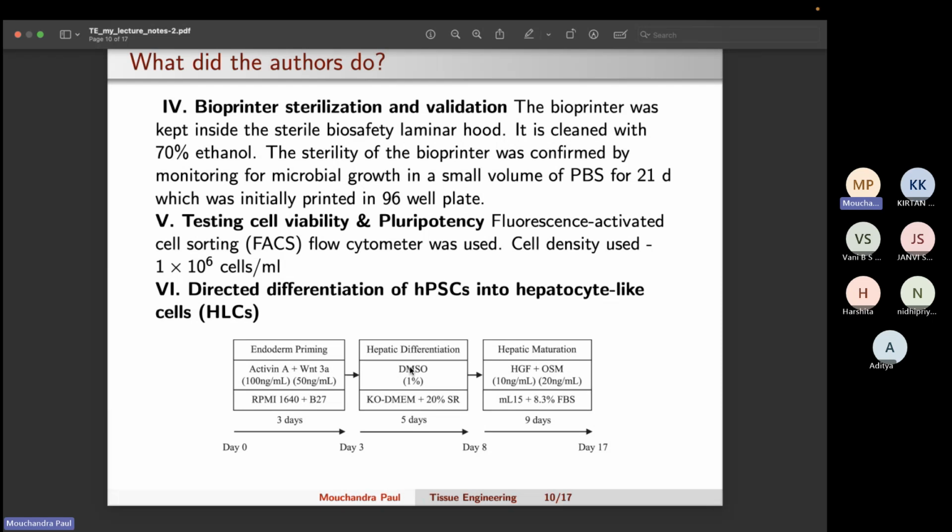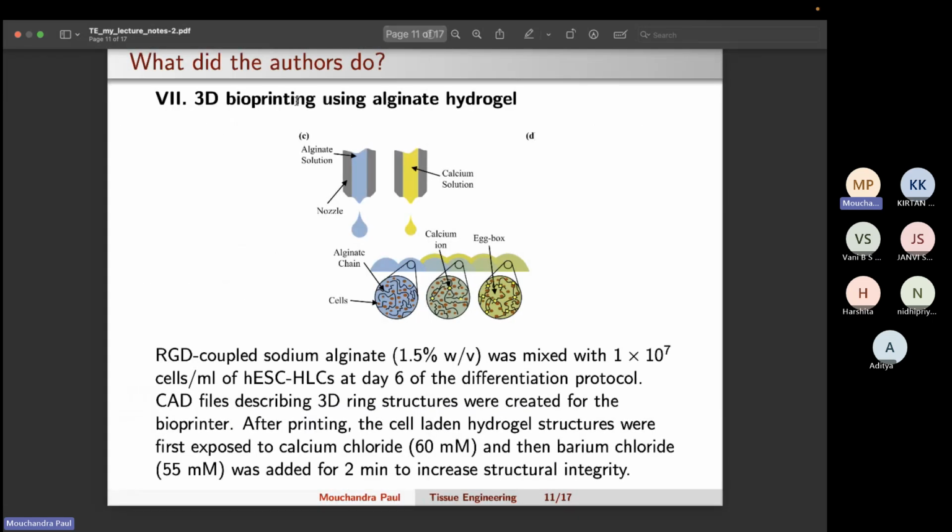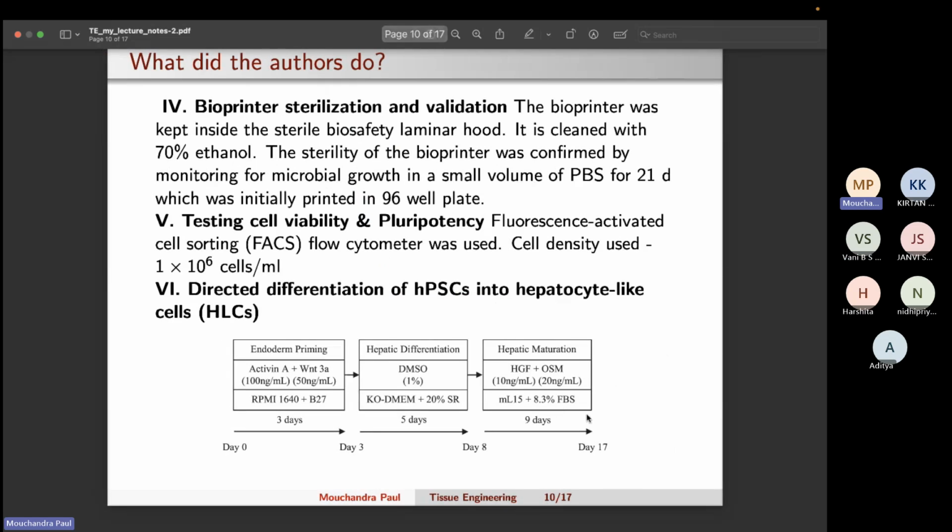So day 6 cells were used for 3D bioprinting because they want to see whether the bioprinting process is affecting the differentiation process or not. And after 3D bioprinting, you can continue this differentiation process till day 17, and then they are claiming that you can get a liver-like artificial tissue.